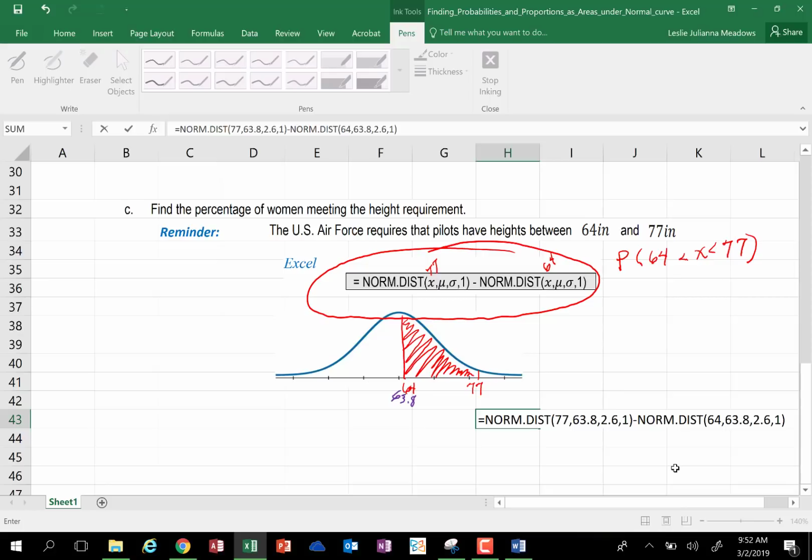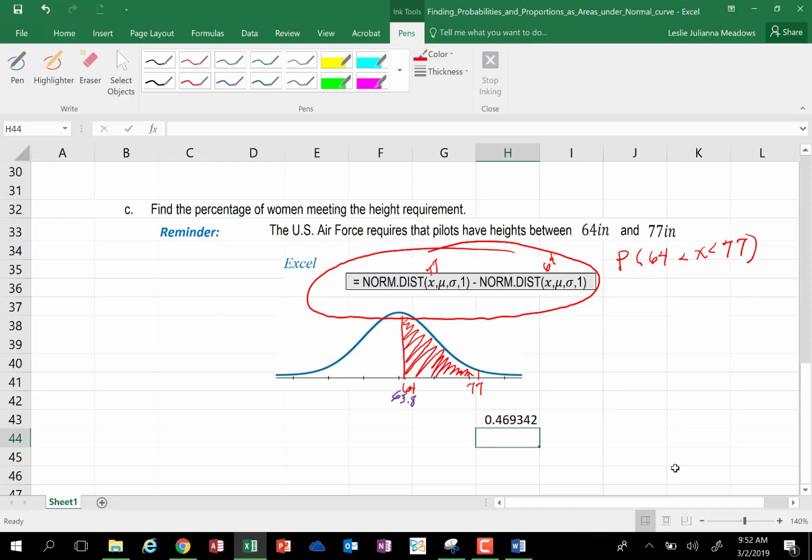Okay, now you can see that we typed in exactly as we said. And you can also see that we put in the 77 in the first norm.dist, which is the higher value, and we put in the 64 in the second one. So we always put in the value to the right first, and then we subtract the value to the left. Let's see what we get.